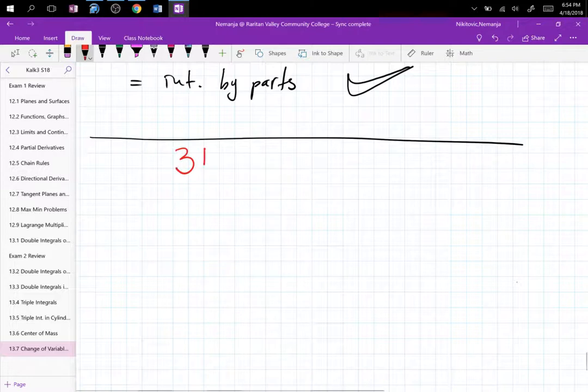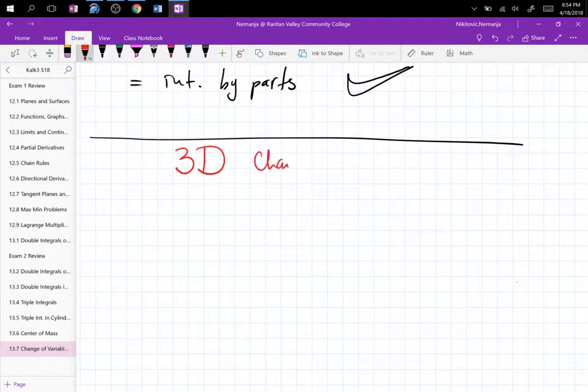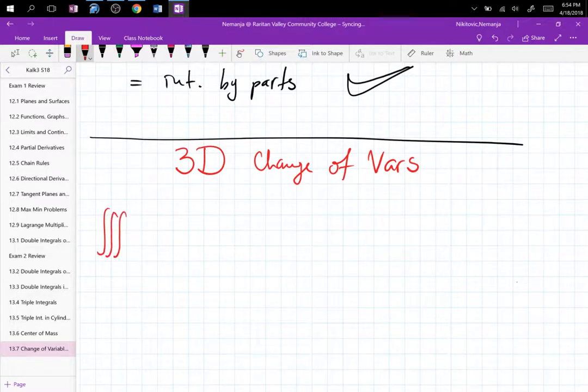3D. So your triple integral now over region D of a function f(x, y, z), conserve space. Turn your notebook sideways.